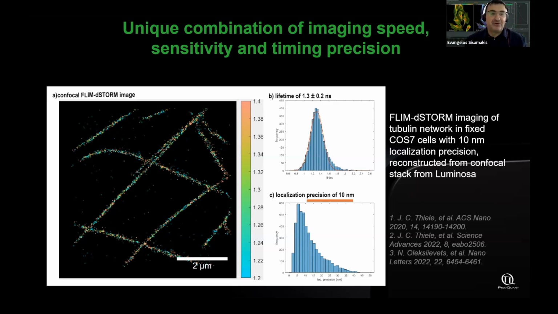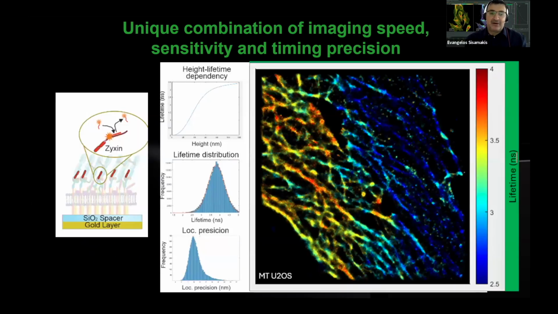So first, we could see that even in a confocal system, we could perform FLIM-STORM, where we can determine the lifetime. We get a localization precision of 10 nanometers. Maybe this is more interesting, and this is definitely something that we will expect more.